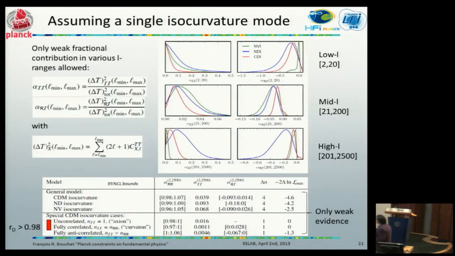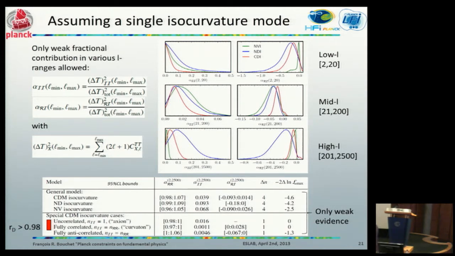And so here are different contributions. If you don't specify a theory, you would have arbitrary correlation between all of these various components. What we've done, without the help of polarization, is a more reduced analysis, which is just to look at what happens if we introduce one single isocurvature mode. And there again, you can look at how much power coming from isocurvature fluctuations could be hidden in the various L range. And this is very small.